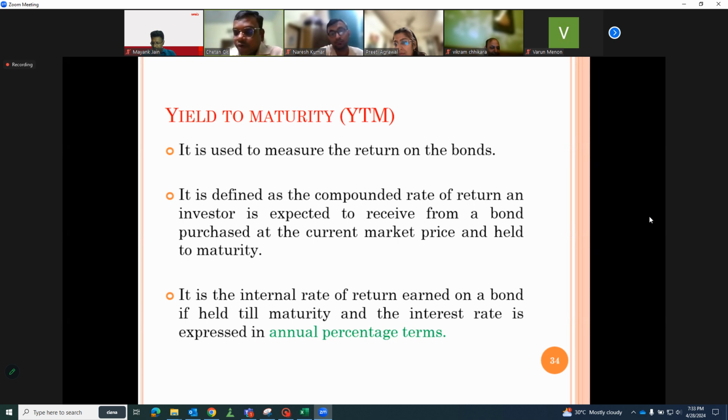Where have we computed a compounded return there? We have never computed compounded return there. We have not computed the return at all, I'm saying. This is the first time with respect to bonds that we are computing a return. So return means it is a compounded return. Normally, we don't compute simple return at all in finance.